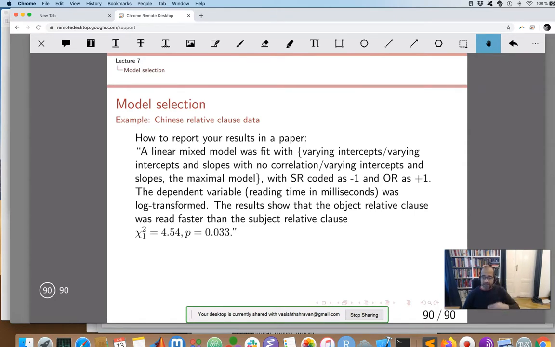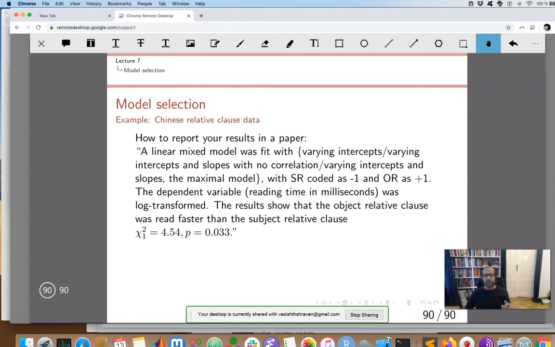All this information has to be conveyed to the reader for them to be able to interpret the intercept and slope, and to be able to interpret the statistical test that you did, right? In many papers you will notice that the authors don't even tell you the details of the contrast coding or any of the estimates that they got from the model. All they tell you is that the difference between relative clauses was significant, p less than 0.05, period.